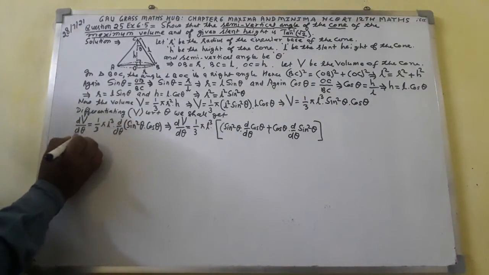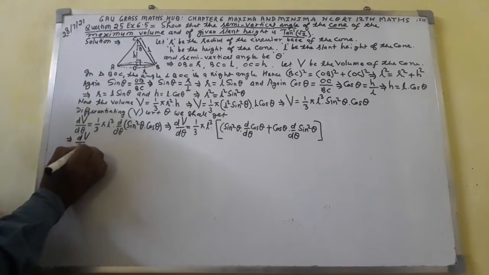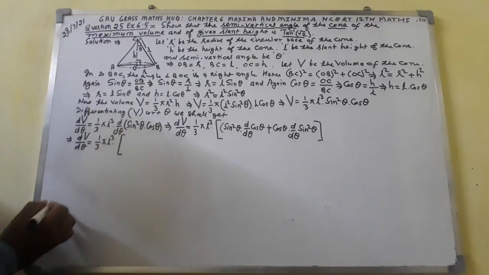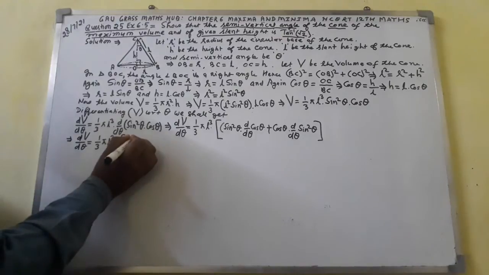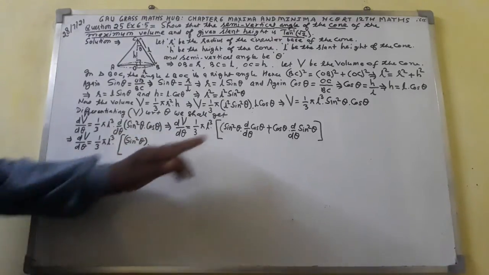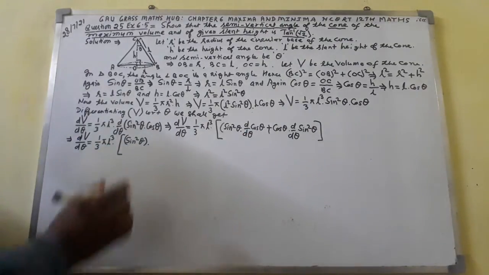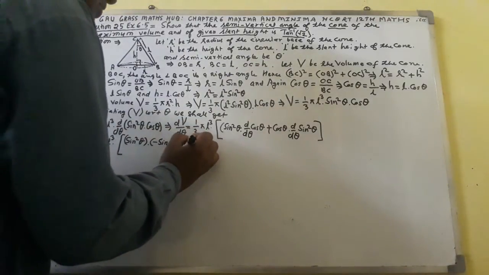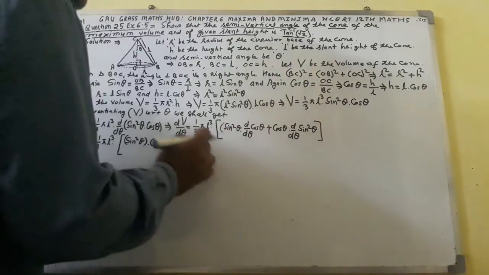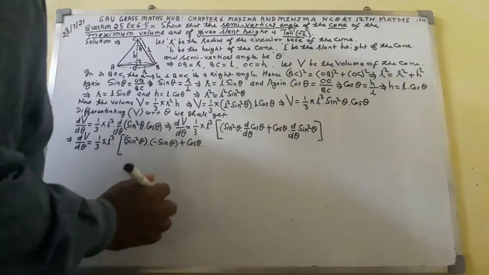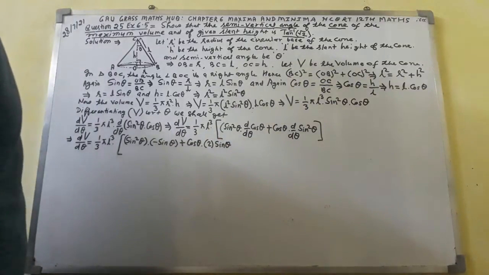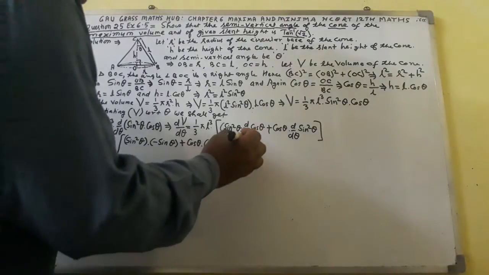Here I shall write again, imply that dV over d theta is equal to 1 over 3 pi L cube dot, here write sin square theta will be in bracket dot d over d theta of cos theta comes out to be minus sin theta plus cos theta will be written as it is, d over d theta of sin square theta comes out to be 2 sin theta dot cos theta.